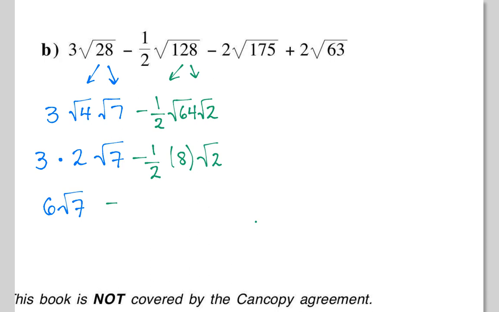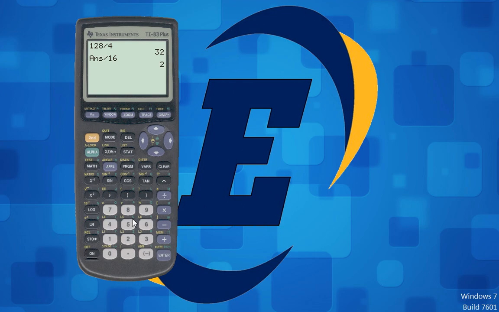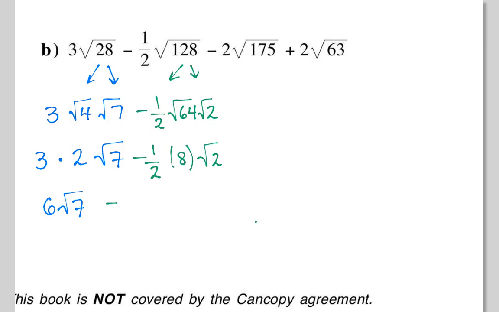If you weren't sure what to do with that, just put the 1/2 in your calculator with brackets and a division symbol, and then times it by 8. Like if it was a harder one, you could just go 1 divided by 2 in a bracket, and then times that by 8. Okay, so we got 4 root 2.